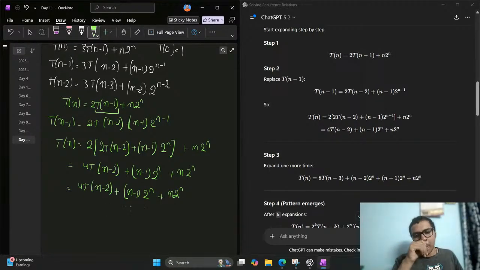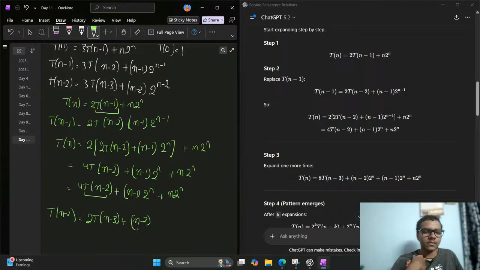Okay, expand once more. So get T(n minus 2), which is 2T(n minus 3) plus (n minus 2) into 2 power n minus 2.